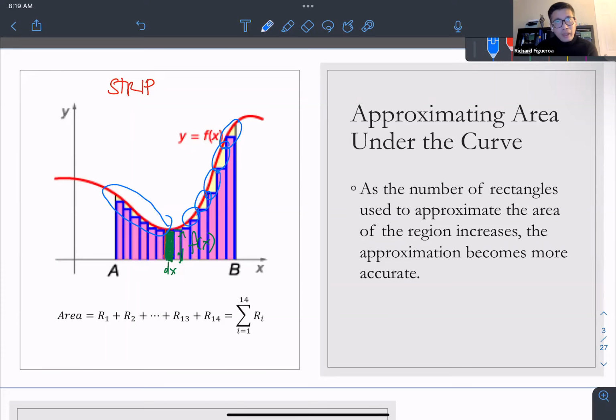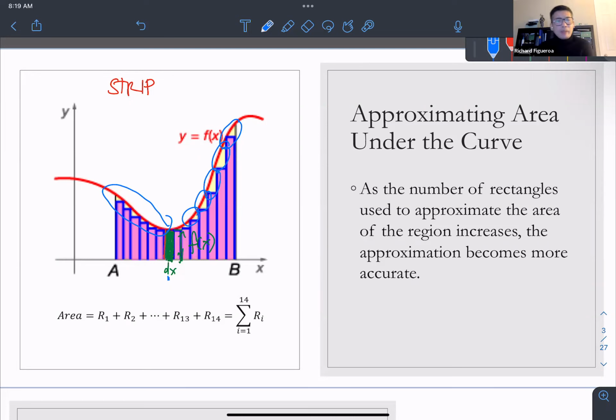If we want a more accurate representation of the area, I'm going to increase the number of strips. Let's say from 14, I'll make it 100. Making the number of strips higher, what happens to this dx? Of course, it becomes smaller. The dx keeps changing while the number of strips keeps increasing.